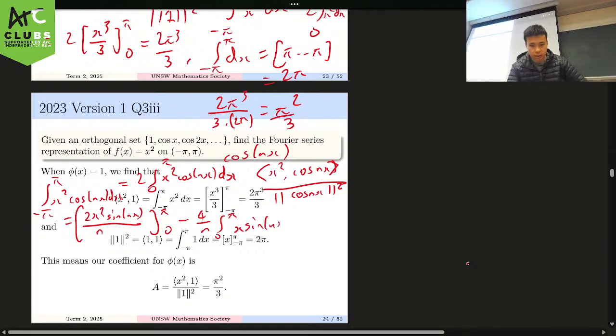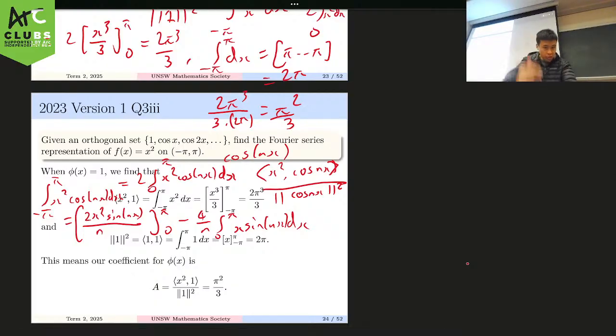Okay, sine of nx. So we're assuming here n is an integer, because that's the pattern in our orthogonal set. When you sub in pi here, that's fine. But sine of n pi, when n is an integer, will just be 0. And when you sub in 0, the x will be 0. That's gone. So we just have this thing to deal with.